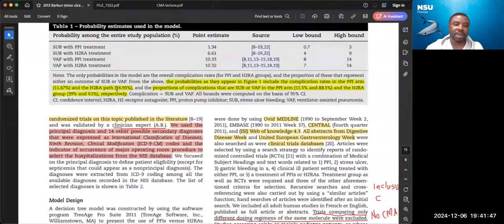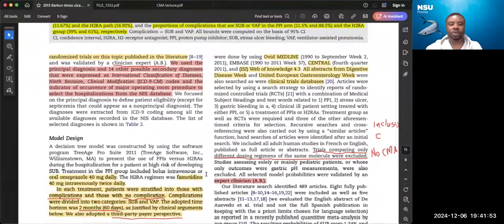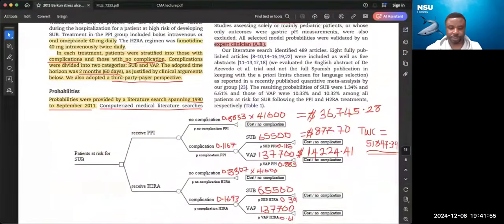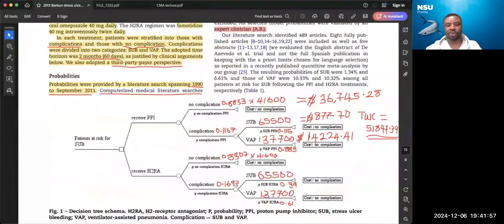The next one is the complication for the H2 arrays, which is 16.93. So I put the 16.93 here. All that I did again was to divide the 16.93 by 100, and subtract this from 1, and I had 0.8307 as my probability for no complication.